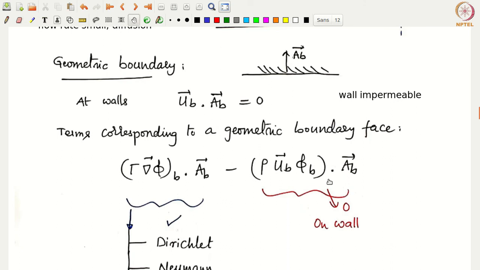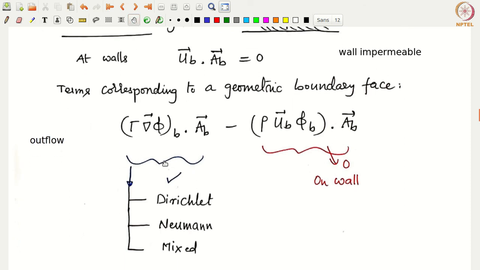Because the flow rate is 0, the convection term will go to 0, right? And we are now only left with the diffusion component. So this is the opposite behavior to what we saw in the context of outflow boundaries, because for outflow boundaries, we said we are neglecting diffusion and the only thing we have is the convection. Whereas for geometric boundaries, we have convection equal to 0 and the only thing we have is the diffusion. Okay, so these are two opposite elements.